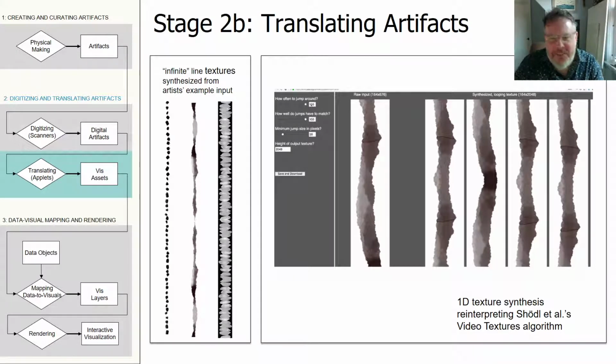Sometimes that's downsampling. Sometimes it's treating the image as a sample to then generate a longer infinite line texture, like you see in this applet. We've also done work that allows you to, for example, indicate a forward direction for a glyph. So you're priming these artifacts to be used in the computer graphics rendering engine.